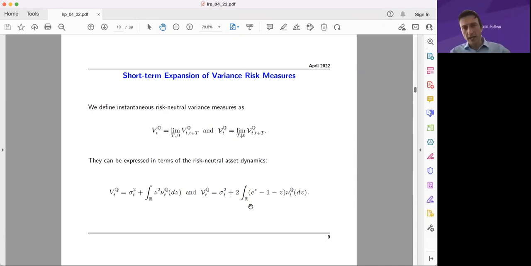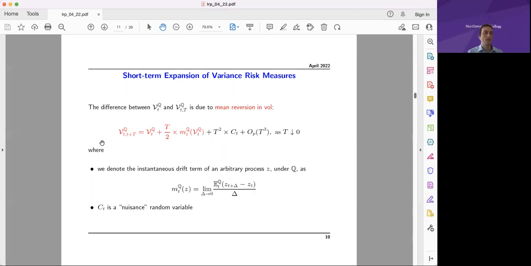This, by the way, has been done in a paper by Du and Kapadia. I think they called it tail index, if I remember right. These are, of course, unobservable spot quantities. With their help, now I can do this expansion of the risk neutral variance moments.